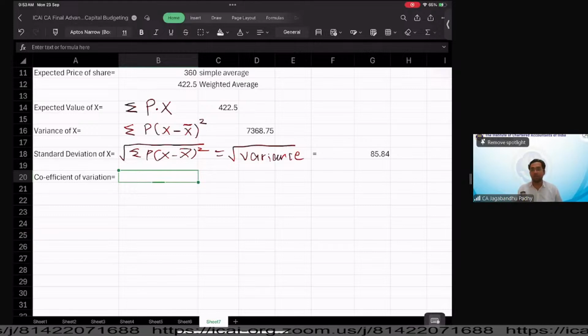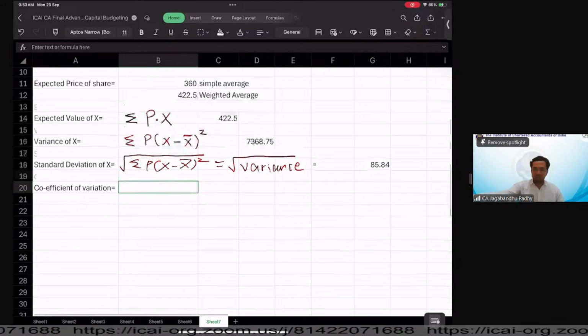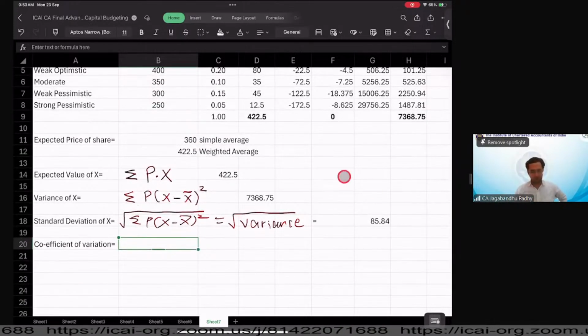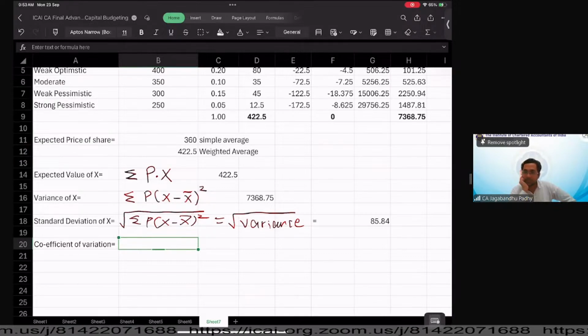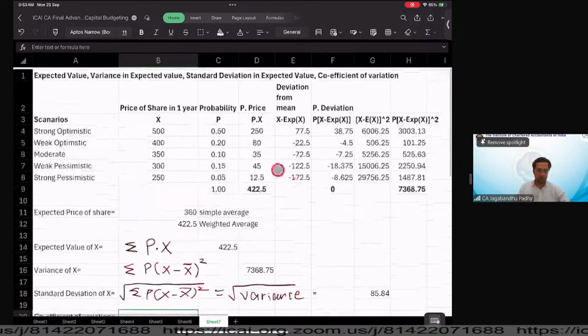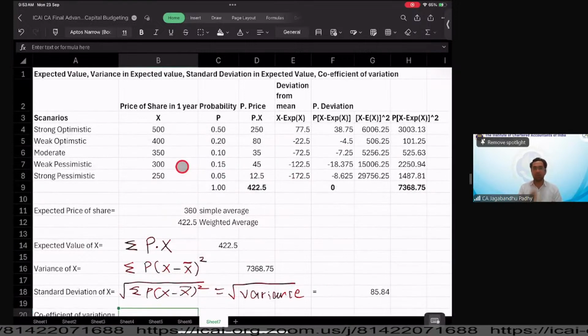Before we calculate, we need to understand why we should calculate the coefficient of variation. My question to you: can I compare the standard deviation of this share with the standard deviation of some other share? No. Why? Because our prices are like 500, 400, 350.